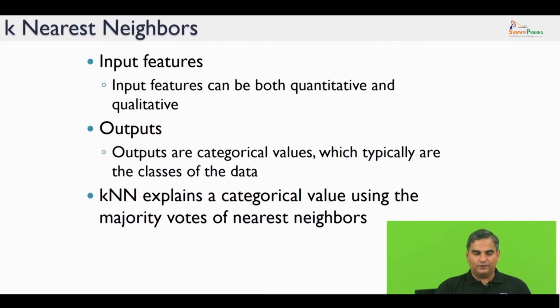So the input features for k nearest neighbors could be both quantitative and qualitative, and outputs are typically categorical values, which are what type of class this data belongs to. Now, it is not necessary that we use k nearest neighbor only for classification, though that is where it is used the most.